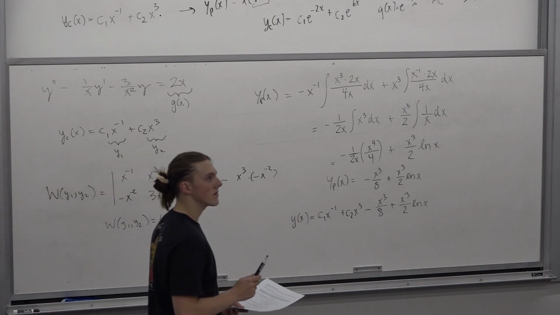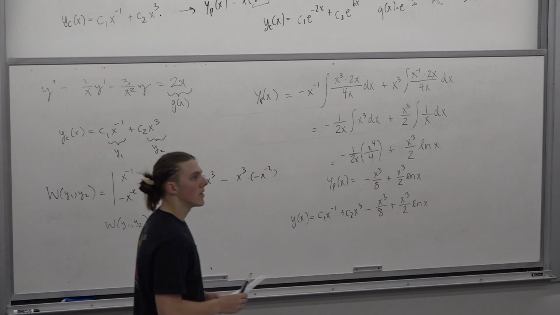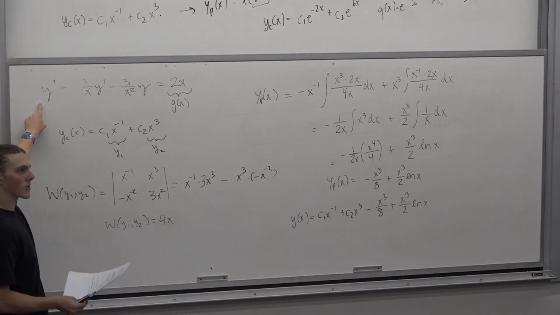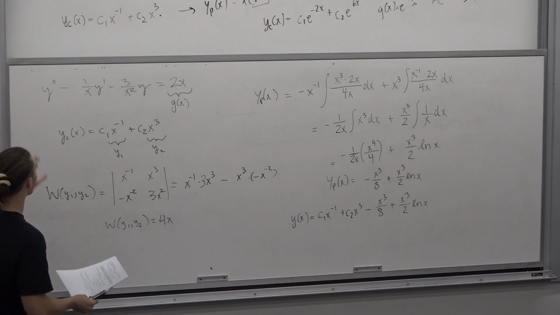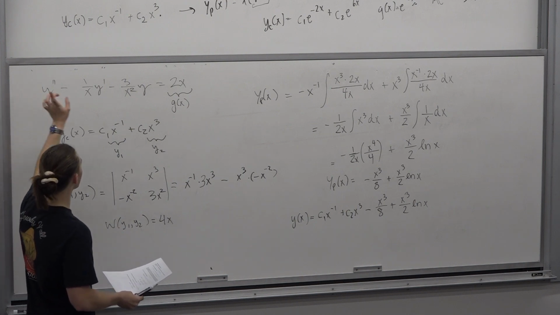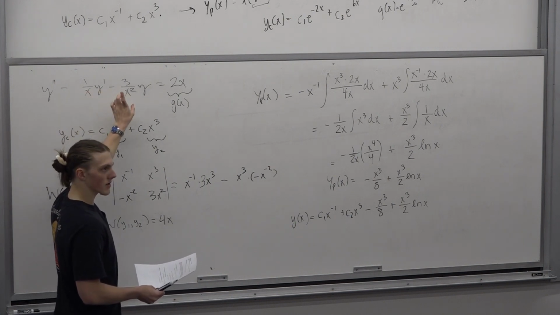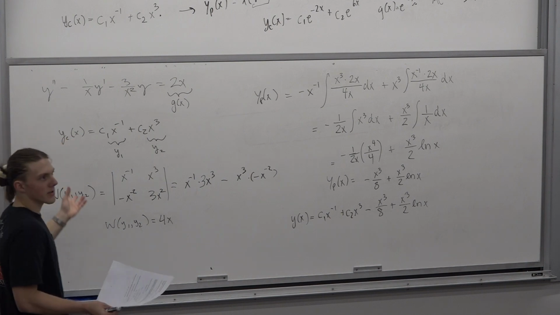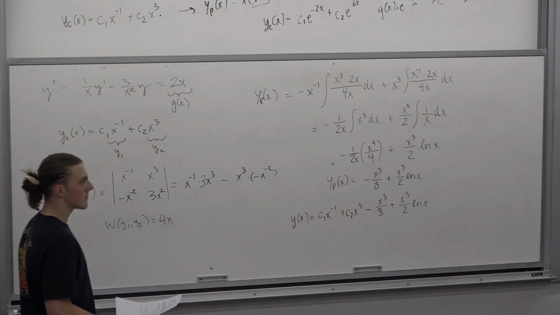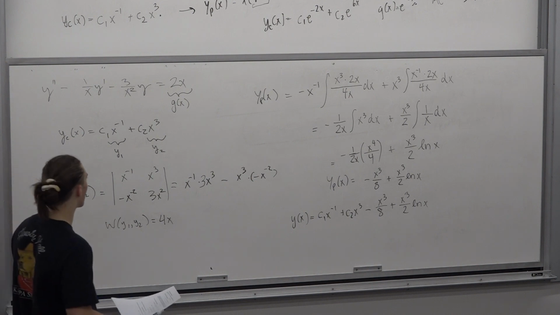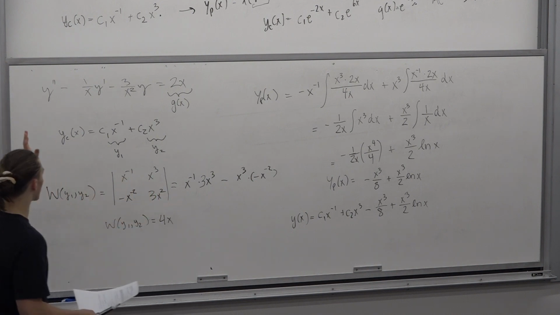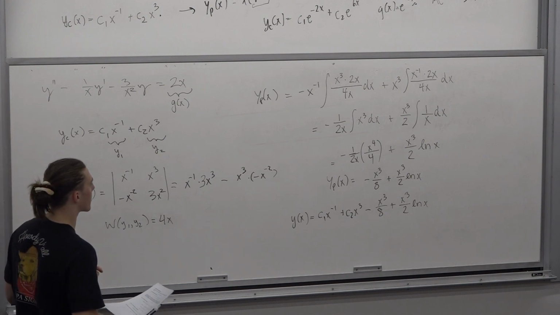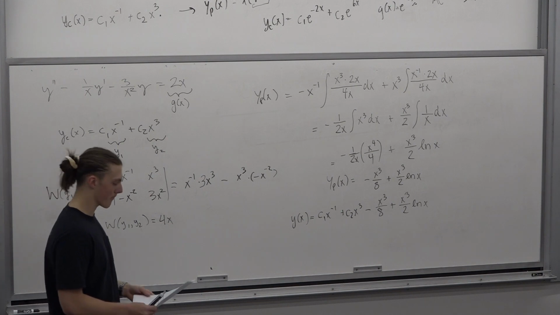You have to find your complementary solution before you factor out, because if you did this first, this would no longer be in the form for Cauchy-Euler. The form is x squared, x, and then just some coefficients. Technically it works, but to be safe, before you start variation of parameters, you should figure out your complementary solution using the methods we wrote down before, and then work on the particular solution.